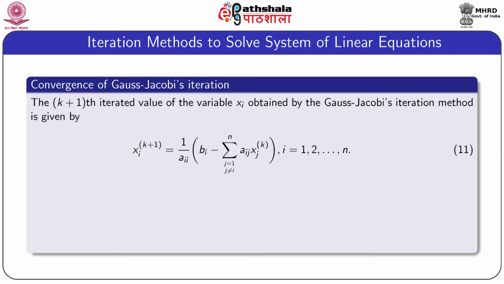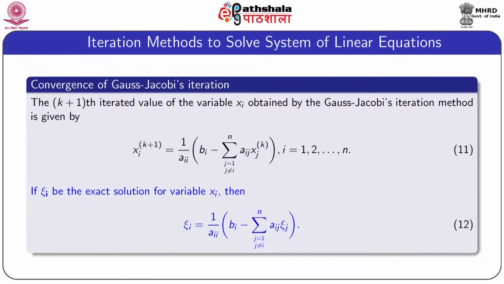The (k+1)th iterated value of the variable xi obtained by Jacobi's method is given by xi^(k+1) equal to 1 by aii into (bi minus summation j equal to 1 to n, j not equal to i, aij xj^k), where i equal to 1 up to n. This is the ith equation of the system of equations.